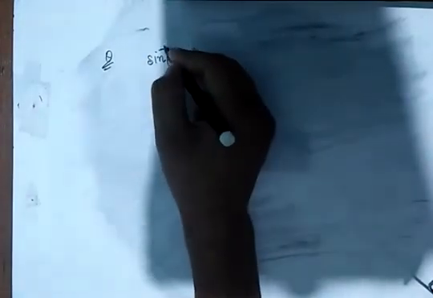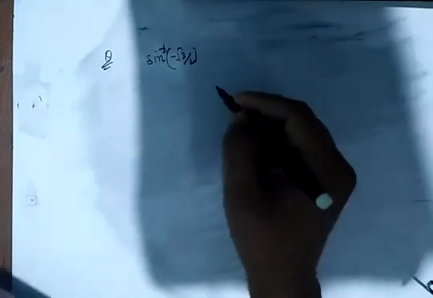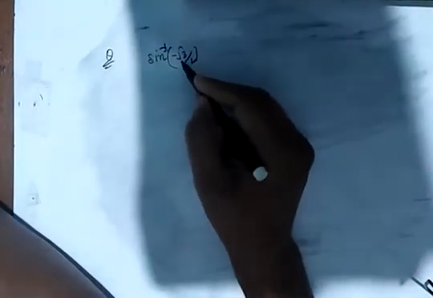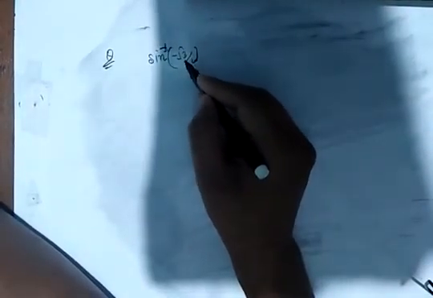Now I want to solve some questions. Question 1: sine inverse of minus root 3 by 2. How can you solve this? First, consider root 3 by 2. Sine is negative in which quadrants?